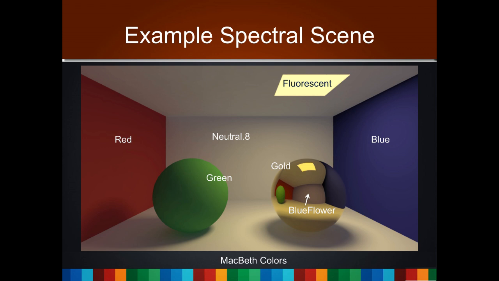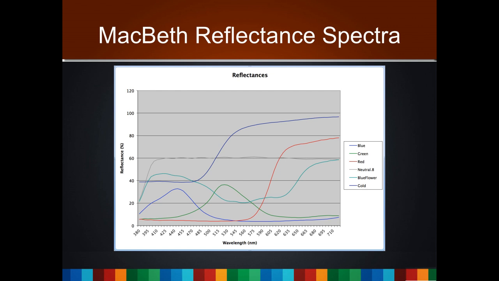So we have this scene with a fluorescent light and some Macbeth colors and this gold ball in the room in full spectral. These are the reflectances, the walls, pretty much perfect neutral gray. Here the blue flower color is the more interesting one because it has sort of a magenta profile.